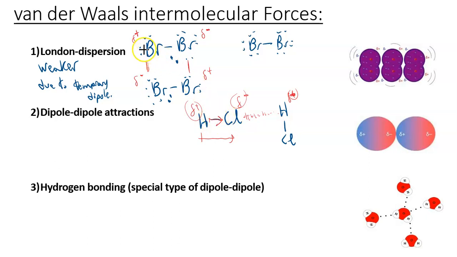That dipole is never going to go away. Unlike here, some electrons might move over, we have a dipole, but then the next moment the electrons will go back. The electronegativity difference between the atoms is the same. There's zero electronegativity difference, so over time it's completely nonpolar. Here we're polar due to the electronegativity difference. That dipole won't go away, so it's stronger.